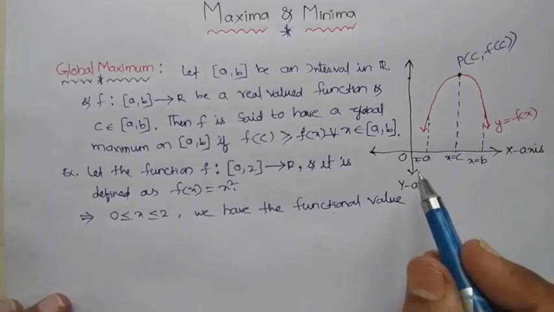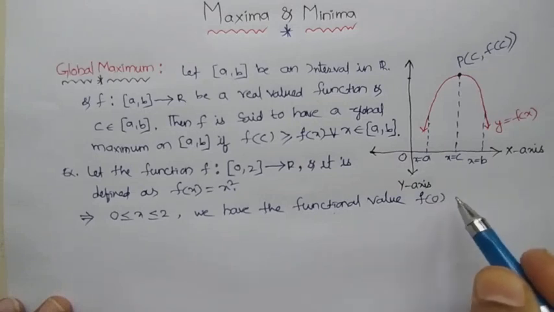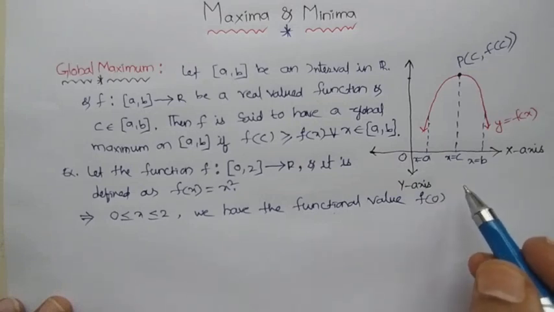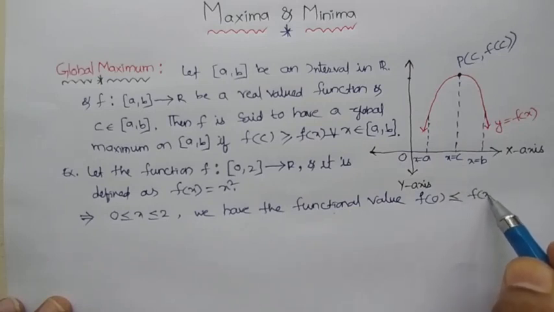What is our functional value regarding this condition? f of 0 is less than or equal to f of x is less than or equal to f of 2.